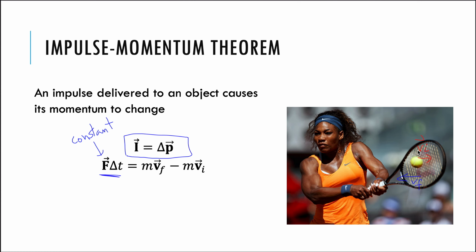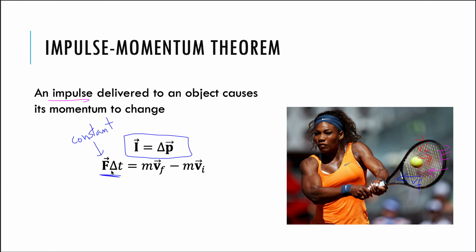So the force exerted was to the left. And it caused that momentum to change, right? It caused the velocity to change, which means the momentum of the ball changed because of this force that was applied for a certain amount of time. So that's the idea. Impulse changes momentum.